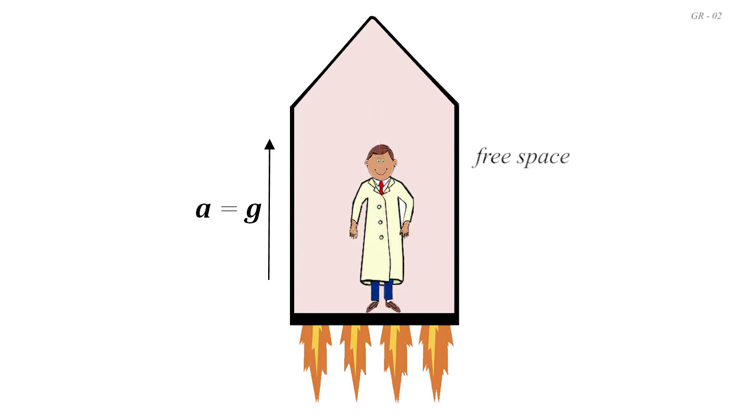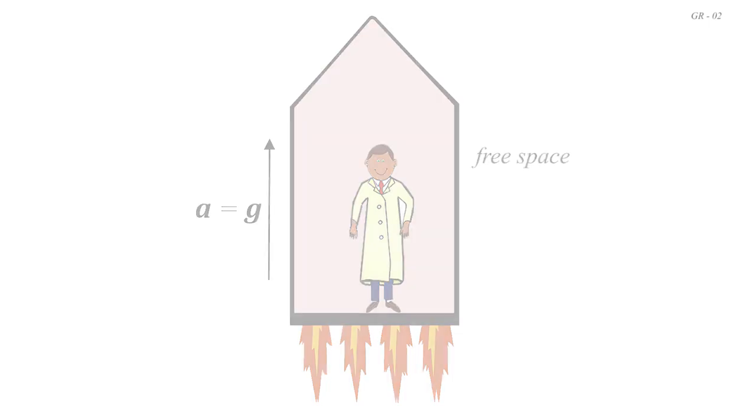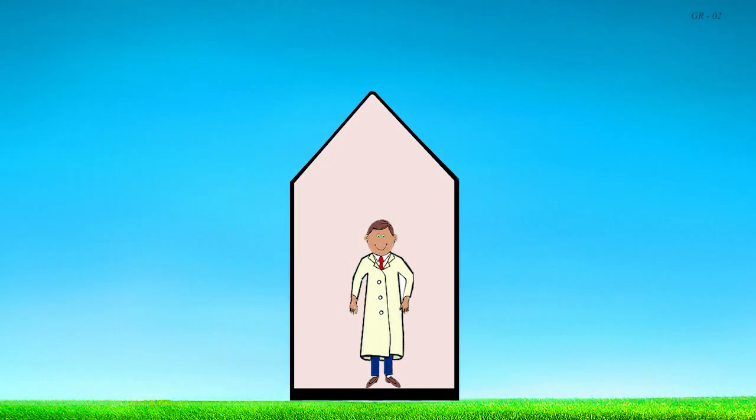Now compare this situation with the same spaceship being stationary and resting on Earth. According to Newton, the person in the spaceship resting on the Earth would have the force of gravity acting vertically down on them, pinning them to the floor. Assuming this force of gravity could be perfectly uniform, they would not actually feel it.